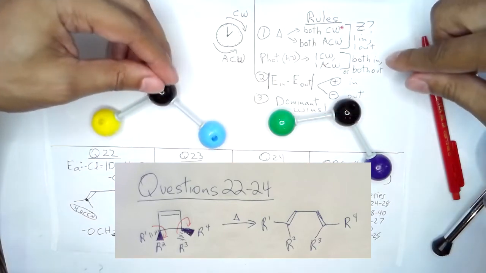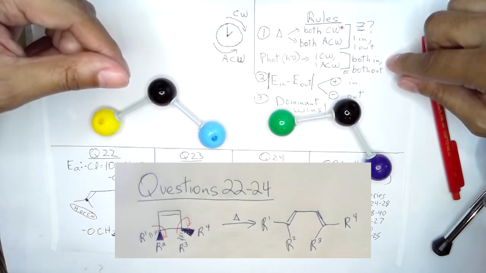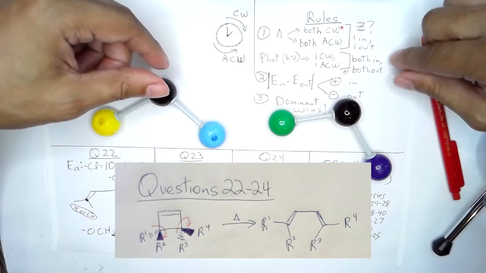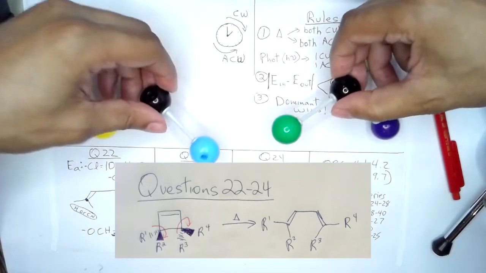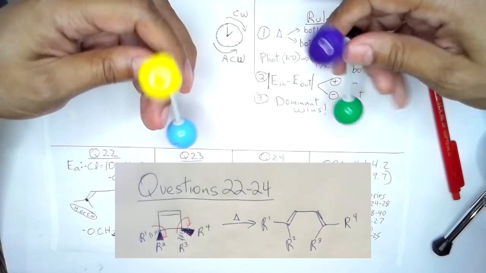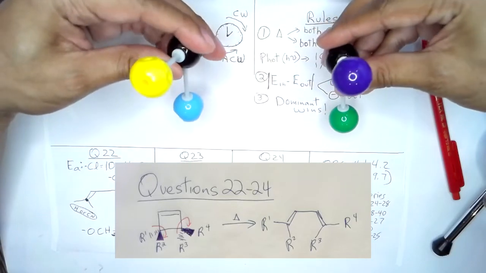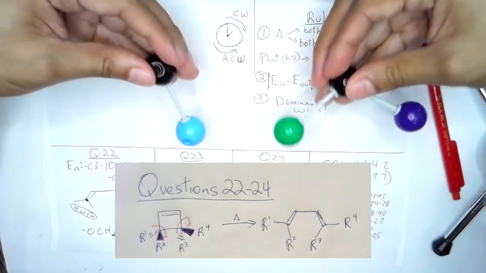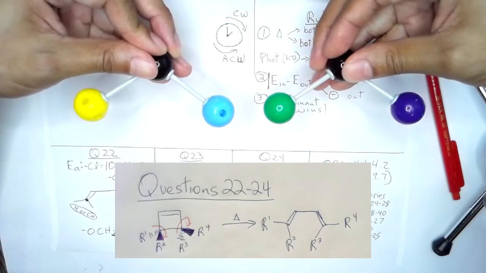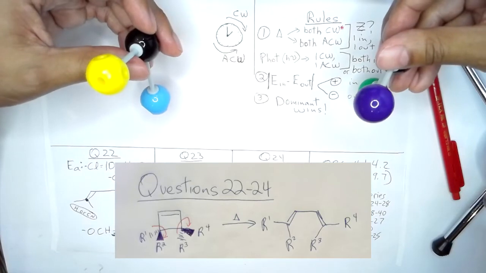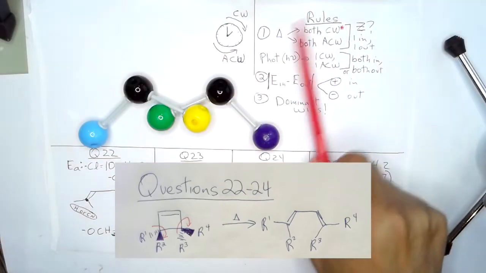So to summarize, both groups that are on the same side will either move in or both will move out. Both move in or both move out with photochemically promoted reaction. Okay, so that's it for rule number 1.